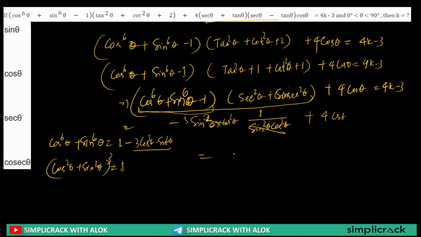Then it will be 4 cos theta minus 3, which is equal to 4k minus 3.